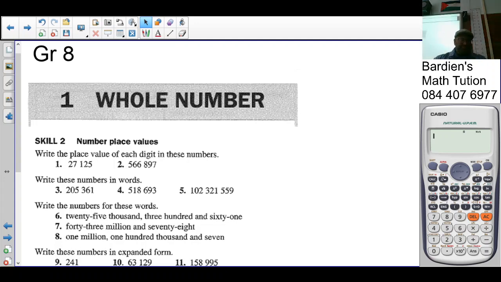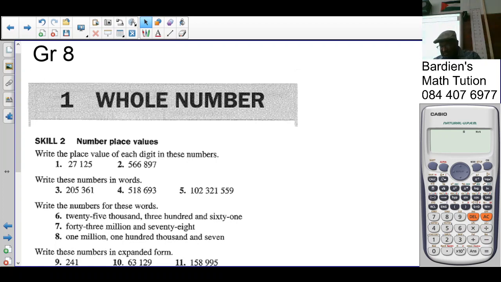Okay. So in chapter 1, we're looking at whole numbers, on page 1. Make a note there. You can read through page 1. It will be sent to you later on.